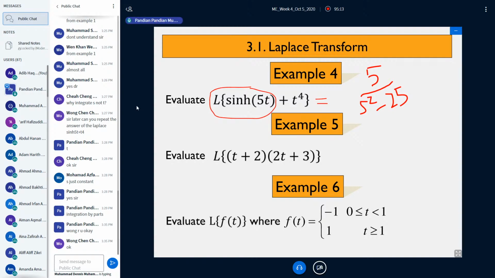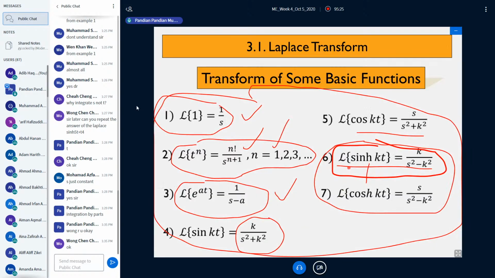No problem. So, Laplace of sinh 5t, I know you are not familiar with it, but you don't need to worry. This is a hyperbolic function. You just have to match only. Match with this. Don't confuse it with sin. This is sinh, S-I-N-H.